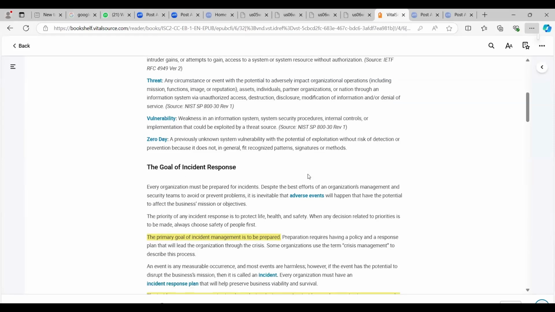Then we have zero-day. It's a previously unknown system vulnerability with the potential of exploitation without risk of detection or prevention because it does not, in general, fit recognized patterns, signatures, or methods. Zero-day simply means an attack that just occurred, new to all the vendors. They've not seen that kind of attack before, so there is no control in place to fight that type of attack. It's new.